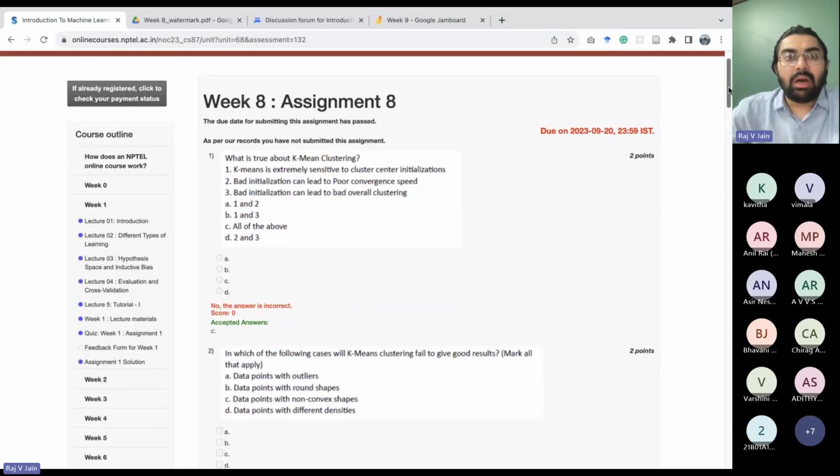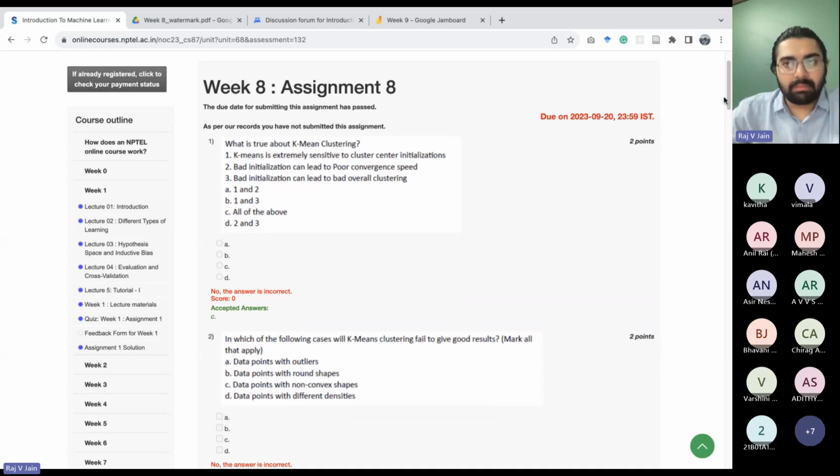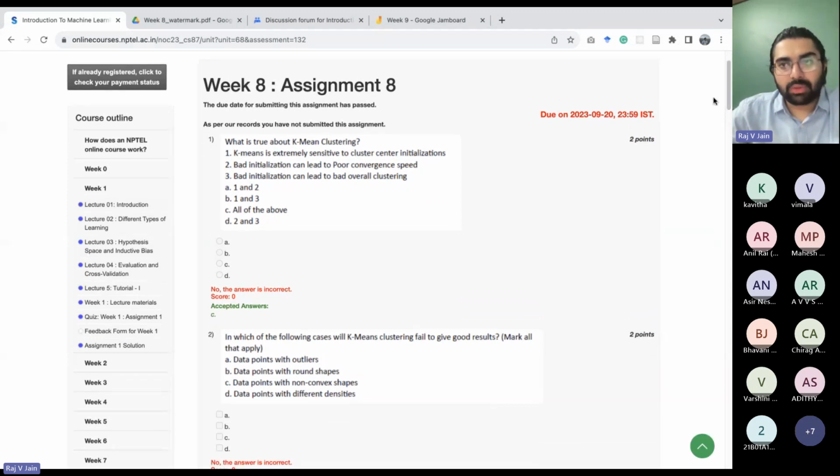Let's try to keep it brief. If you don't have anything very substantial to add to the discussion, feel free not to pitch in. Otherwise, if you have something very pressing, we can discuss that in terms of the week 8 assignment.